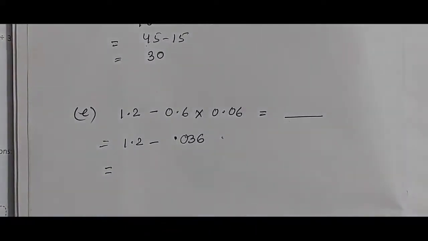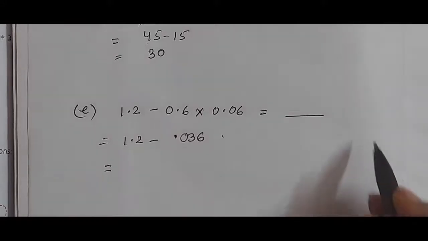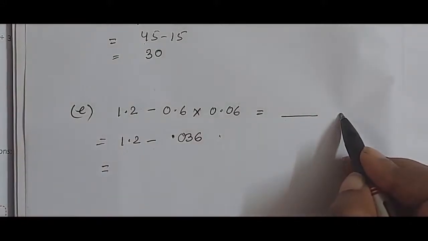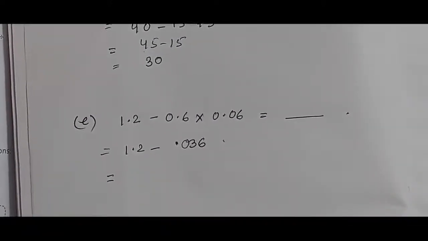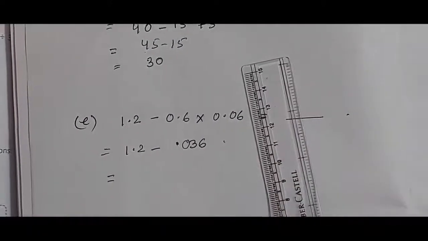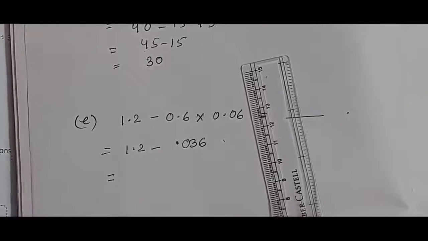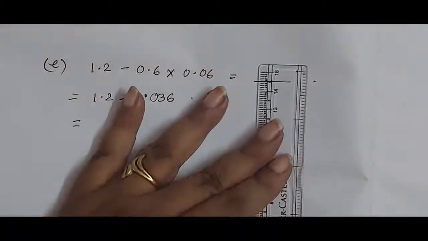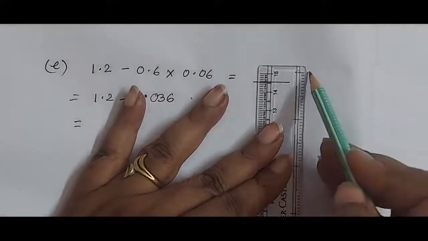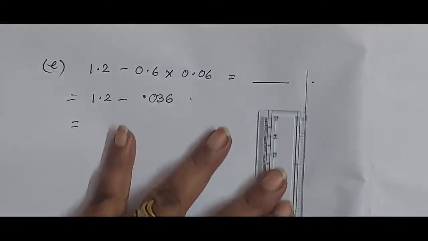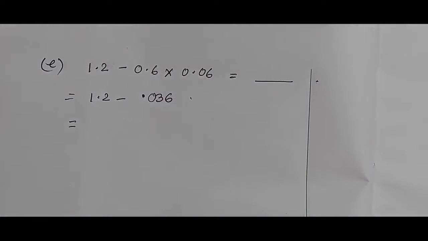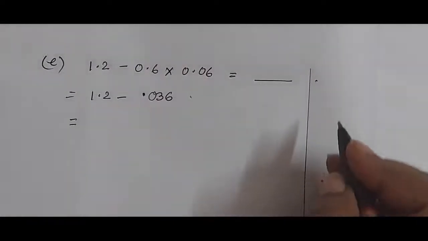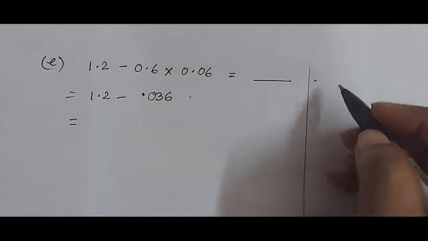we need to subtract. Now how are we going to do the subtraction? Make a rough column at the side using your scale and pencil. Make a rough column in the side of the notebook in this way. Now in this rough column you will do your rough work.